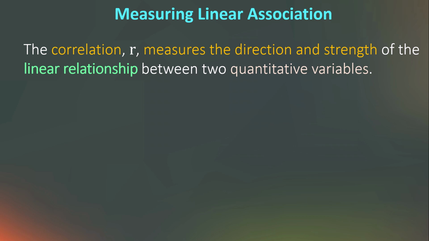The correlation notation is r. It measures the direction and strength of the linear relationship between two quantitative variables. Now, how do we calculate r?